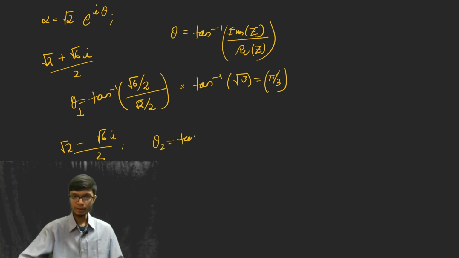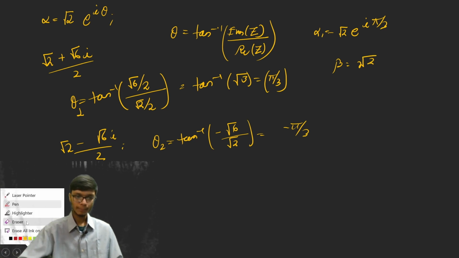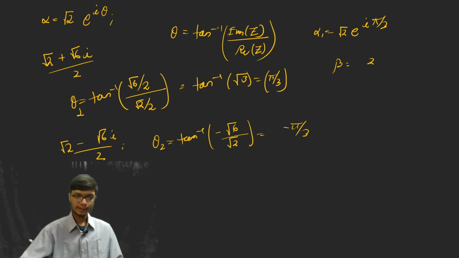This gives tan inverse of minus root 6 by root 2, that is minus pi by 3. So I can write alpha as root 2 e raised to the power i pi by 3, and similarly beta as root 2 e raised to the power minus i pi by 3.